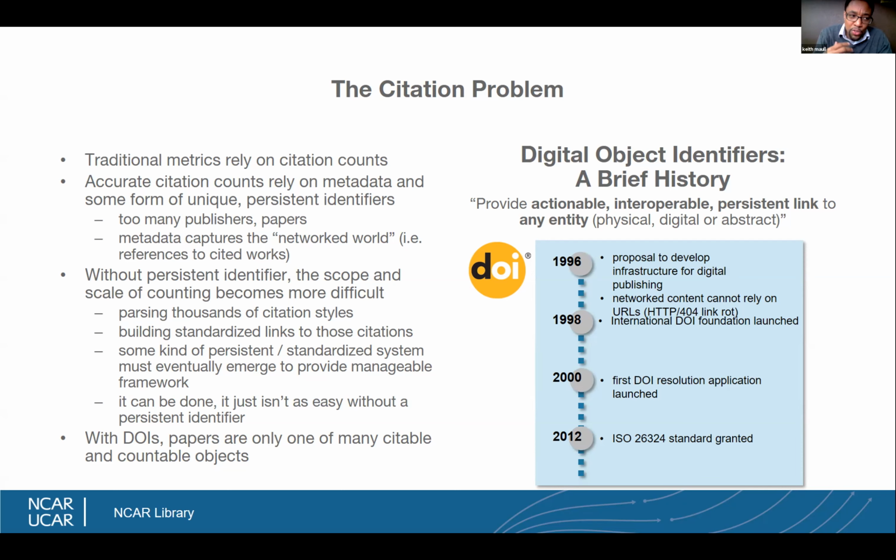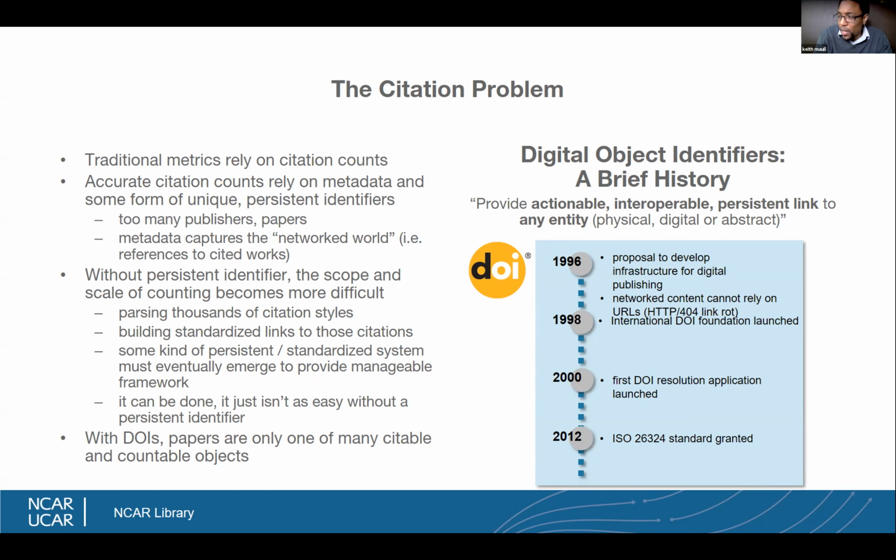For those of you who are familiar with DOIs, the digital object identifier system is rather young if we look at it from the perspective of the age of the web as we know it, or the age of the public internet.